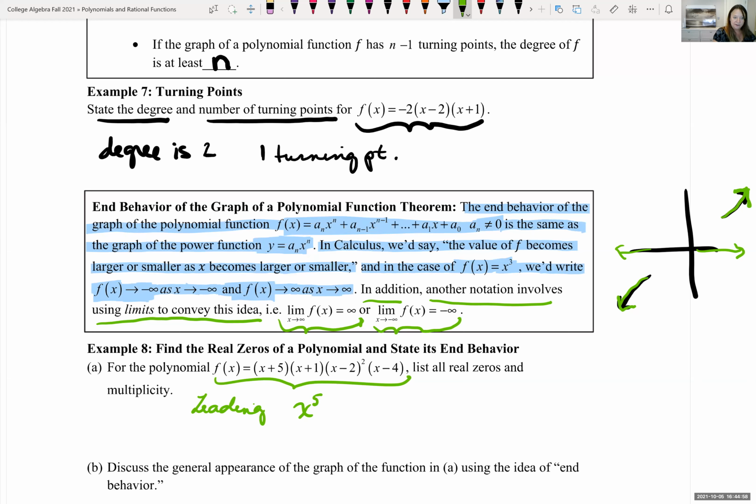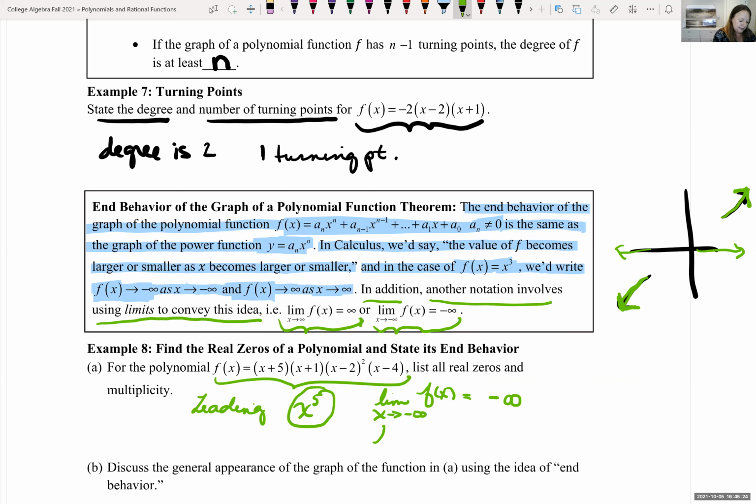So my end behaviors are based off of x to the 5th. And so if I look at the limit as x approaches negative infinity of f of x, if I plug in negative numbers and raise them to the 5th power, it's going to be shooting downwards. It's going to negative infinity.